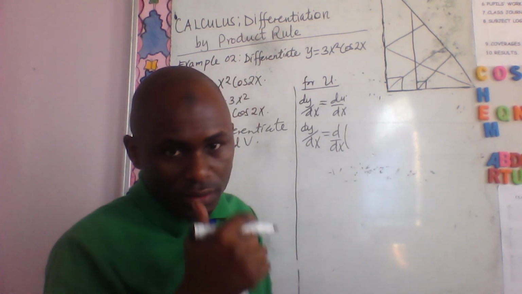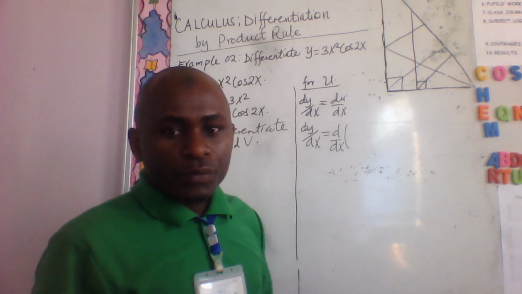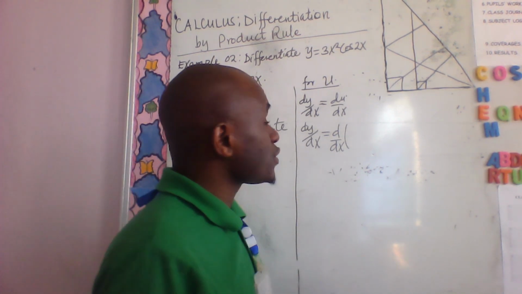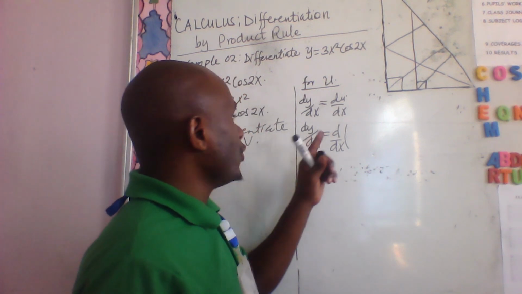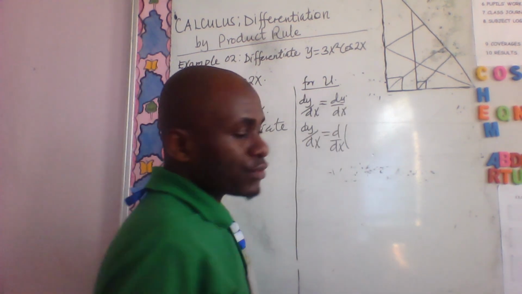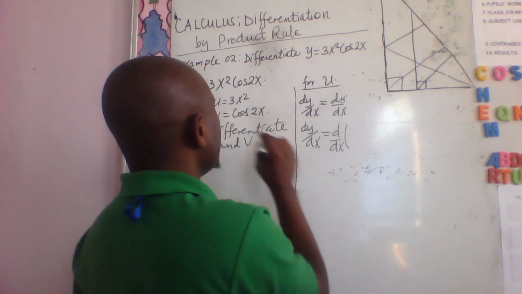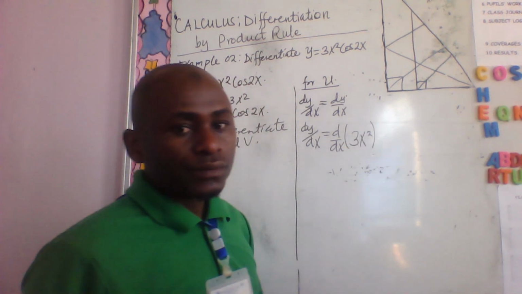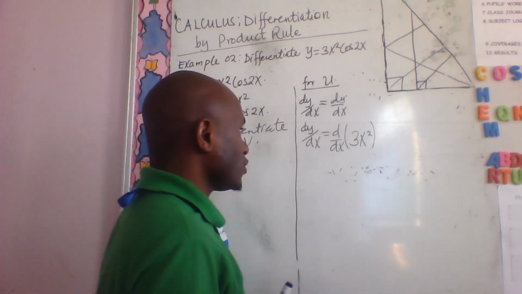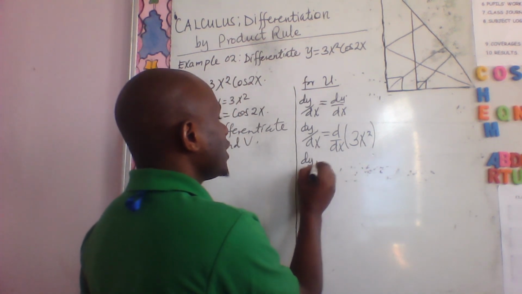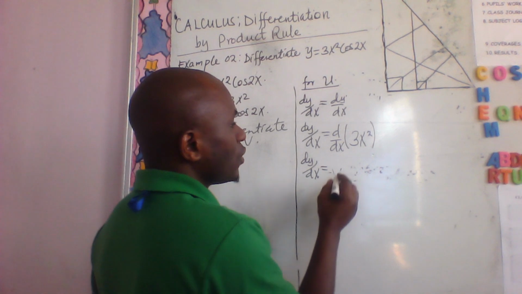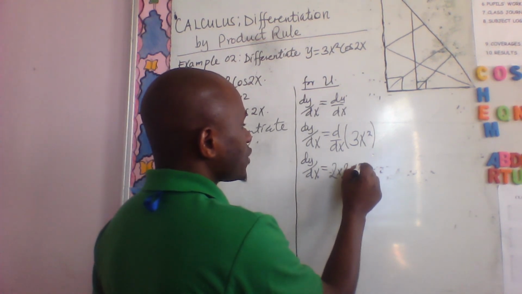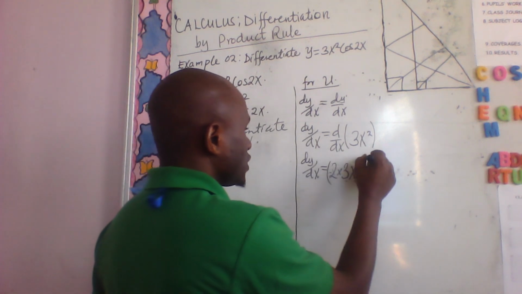Open the bracket. After opening the bracket, we are supposed to substitute the value of u, which we have written here. So the value of u here is 3x power 2. So that is what we are starting to differentiate. So dy over dx is equal to 2 times 3x power 2 minus 1. This is what we are doing.